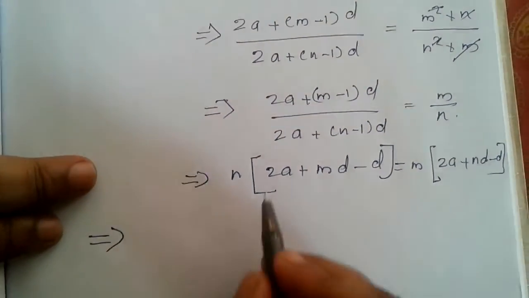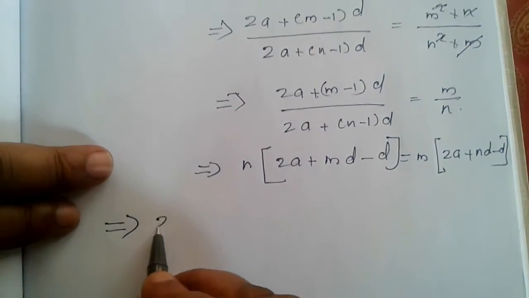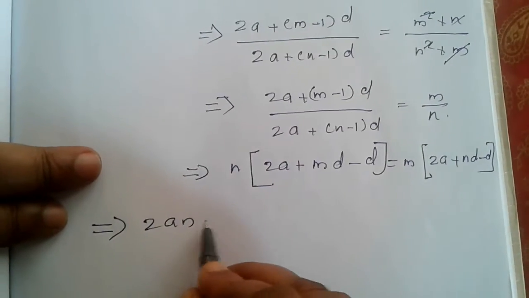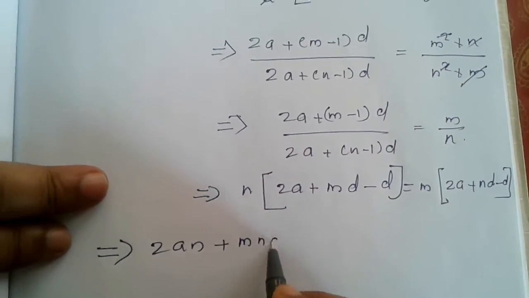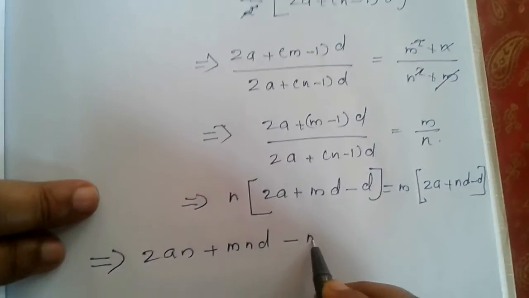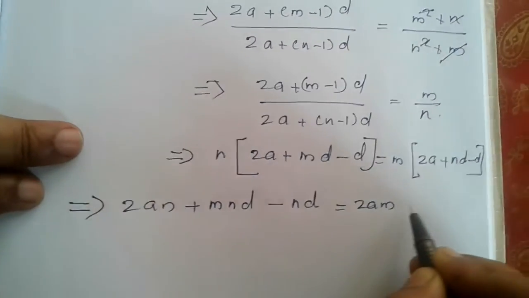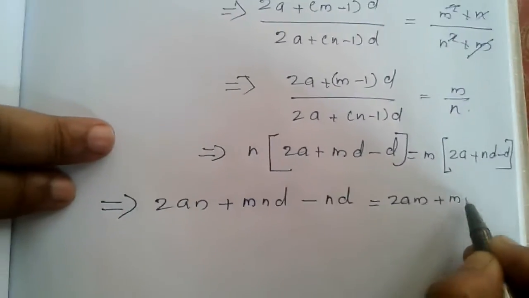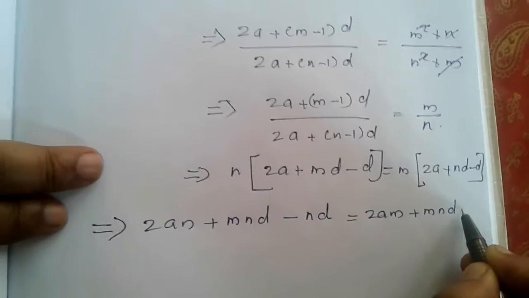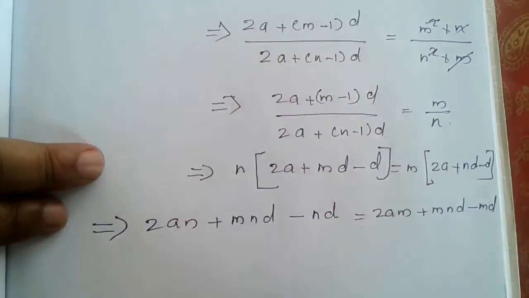That is equal to, multiplying inside, 2an plus mnd minus nd equal to 2am plus mnd minus md.